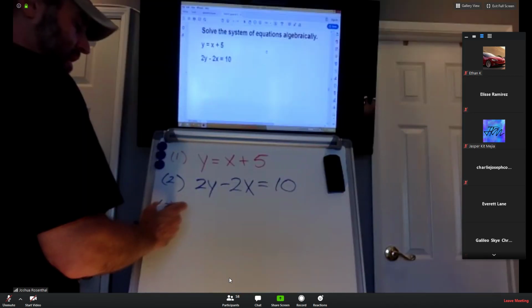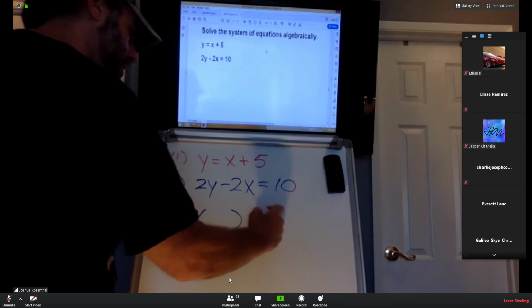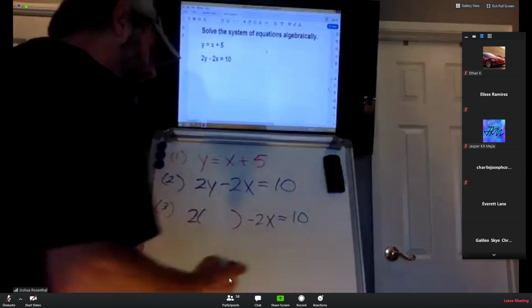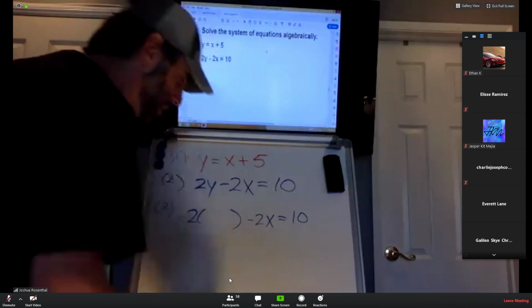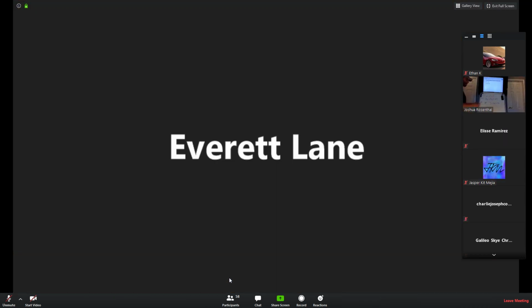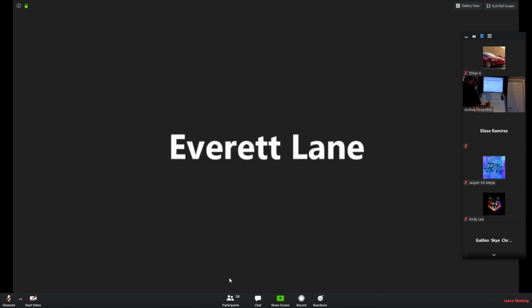Okay, line 3. You see that blank there? You know what I'm about to do. I'm removing the y, substitution, and I'm putting in what y is equal to: x plus 5.